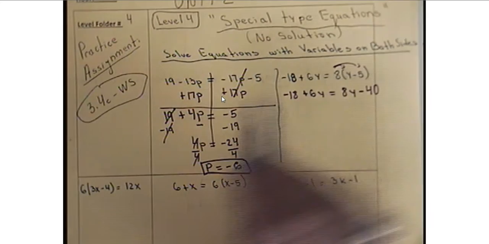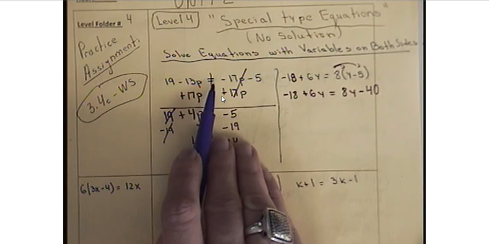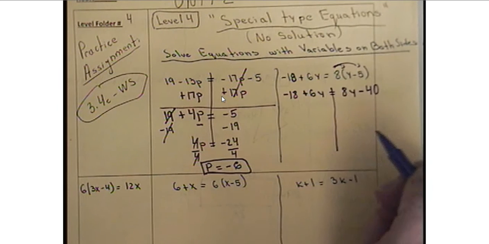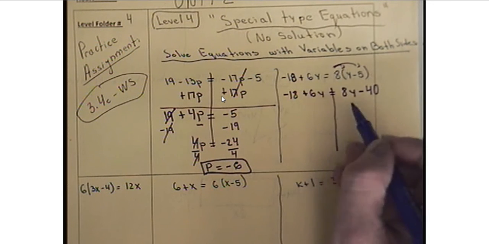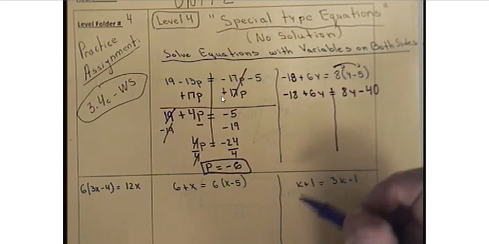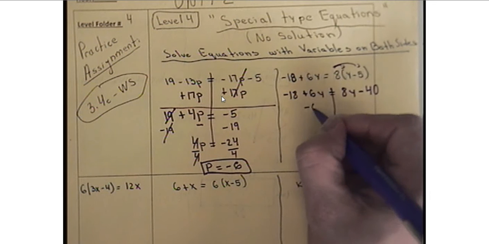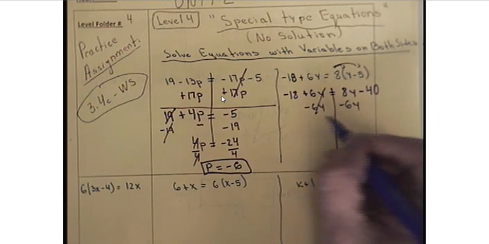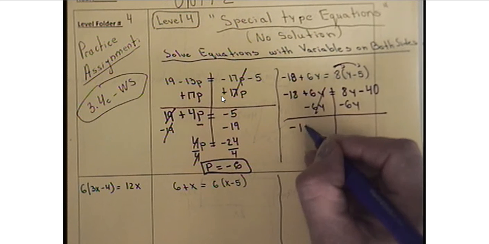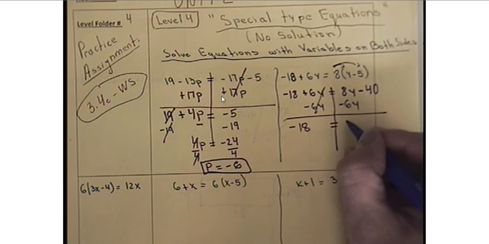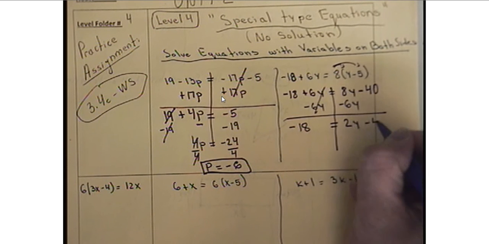Now we have a very similar situation to the first equation. So we're going to combine those variables, and you can choose which one you want to move around. Let's say this time we're going to move 6y to the right. This is positive, so we will do the opposite, minus 6y on both sides. This cancels, and we have negative 18 left equals 8y minus 6y is 2y minus 40.